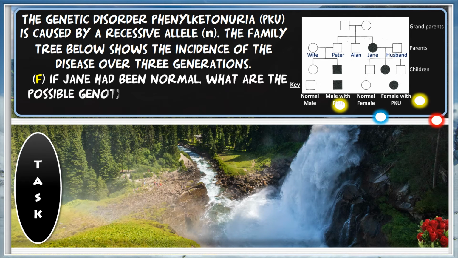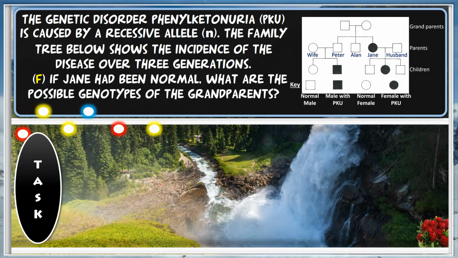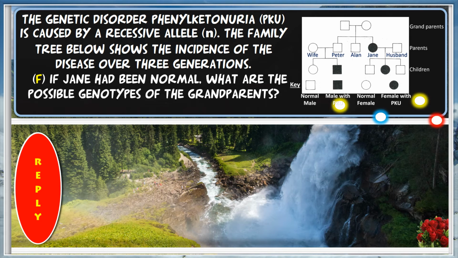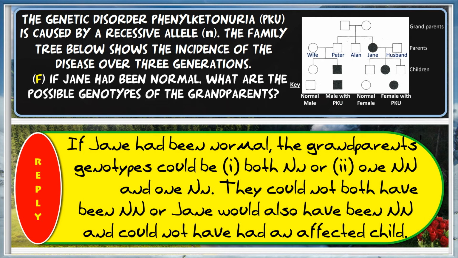Part E. If Jane had been normal, what are the possible genotypes of the grandparents? If Jane had been normal, the grandparents' genotype could be: Part 1, both capital N, small n, or Part 2, one capital N, capital N and one capital N, small n.